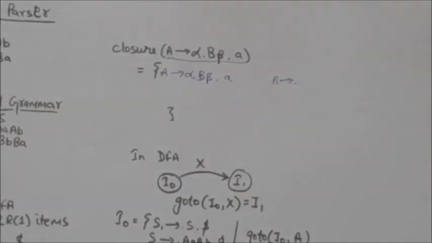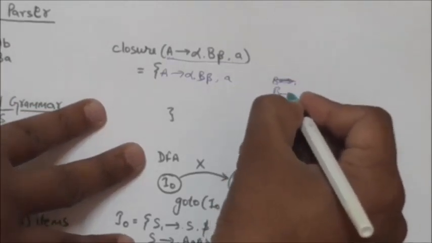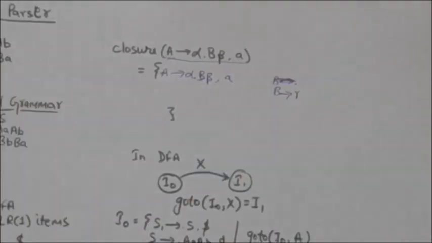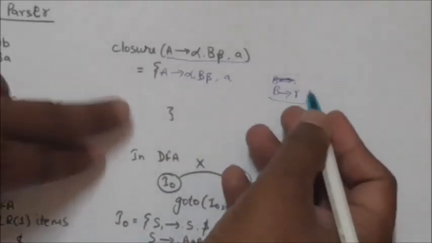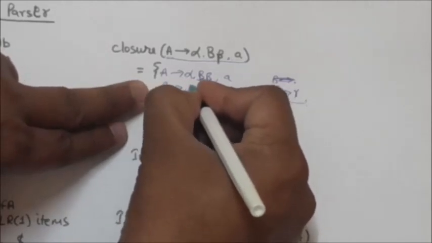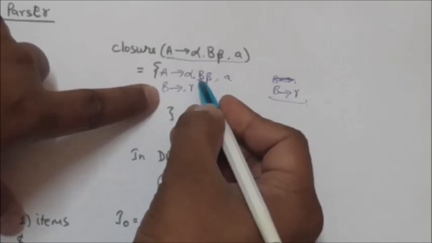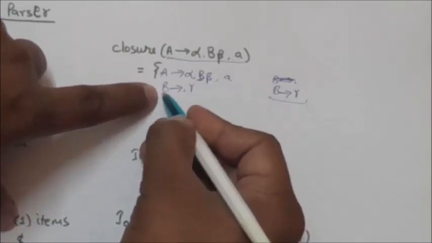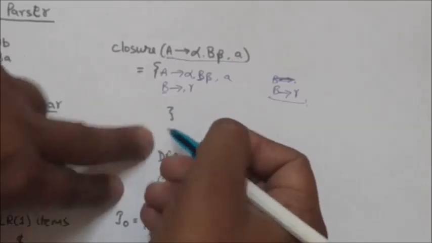Suppose in the augmented grammar there is a production rule B derives gamma. Corresponding to that we will add the item B derives dot gamma. Here you can see in this item the non-terminal B is on the left side, and on the right side the dot is at the leftmost position.